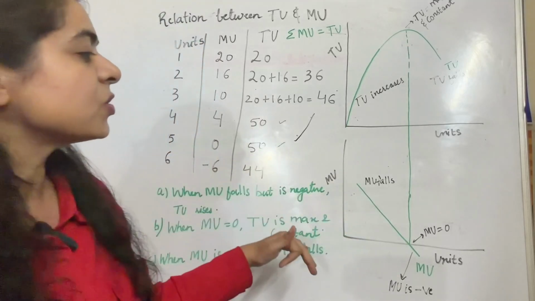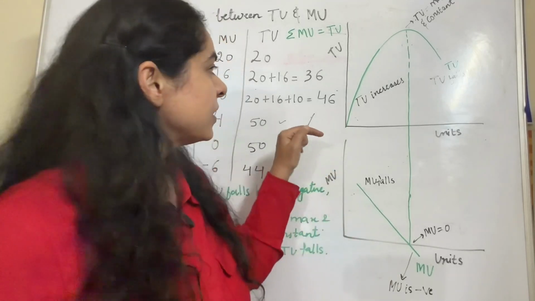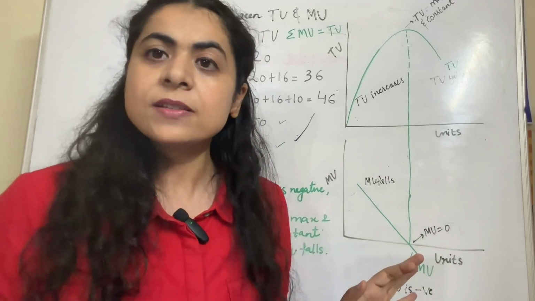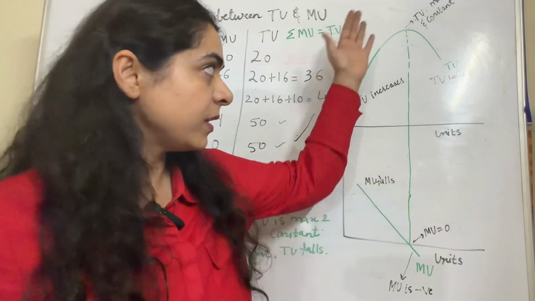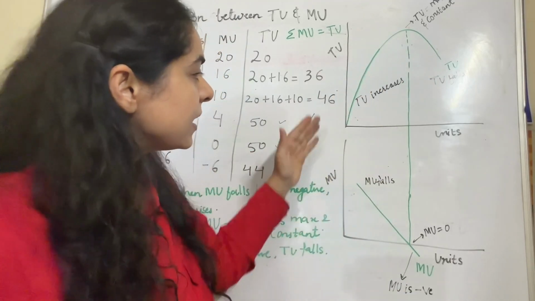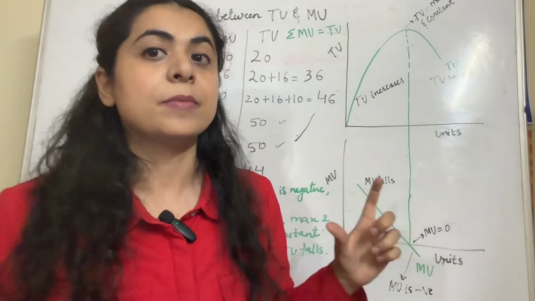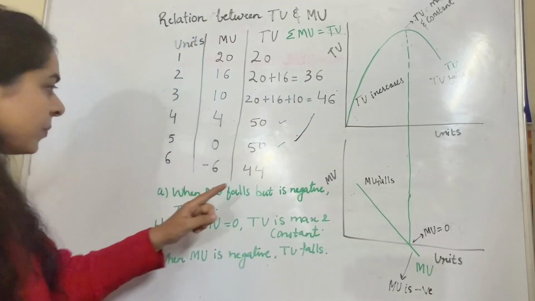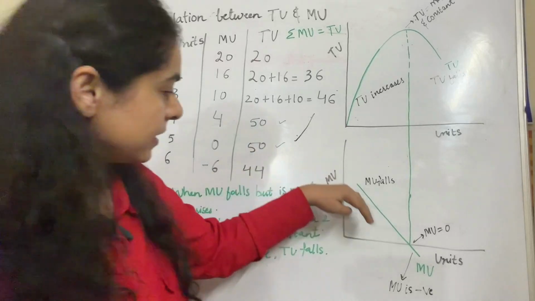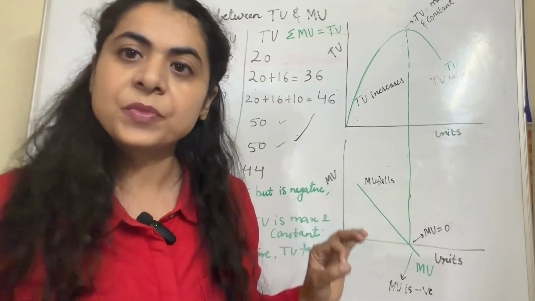So since the marginal utility is decreasing here, the total utility will increase, or it may fall also in the later stages. But for the time being, as we can see here, total utility is increasing but at a diminishing rate. You need to remember this. So when MU falls but is positive, total utility increases.